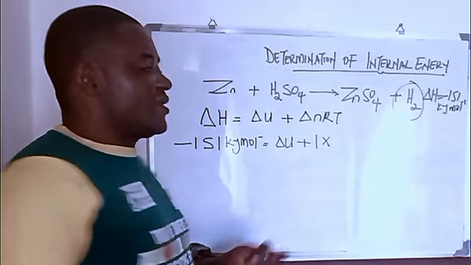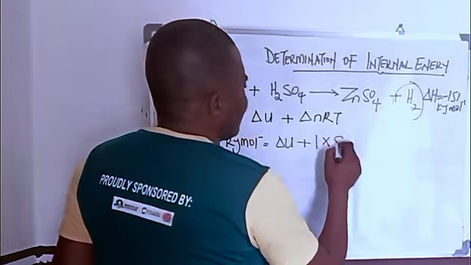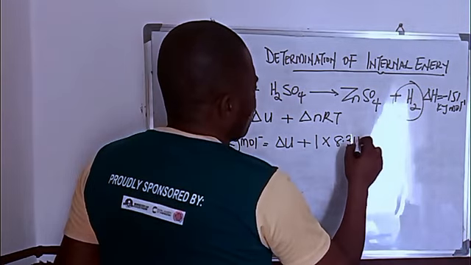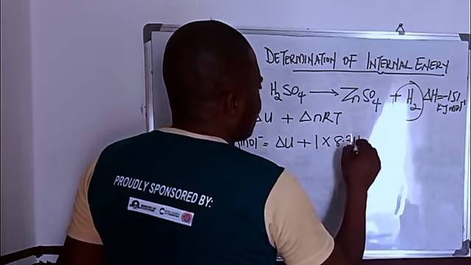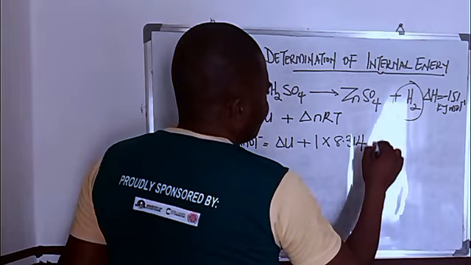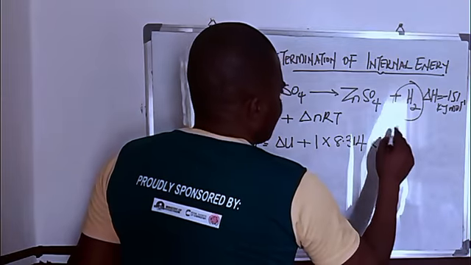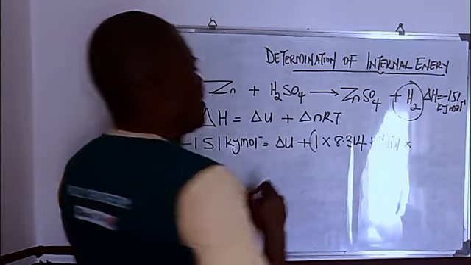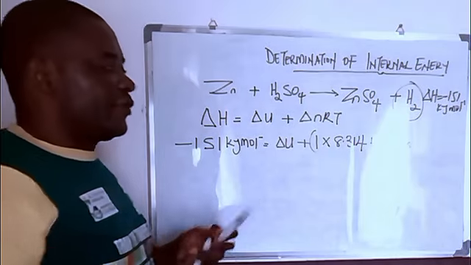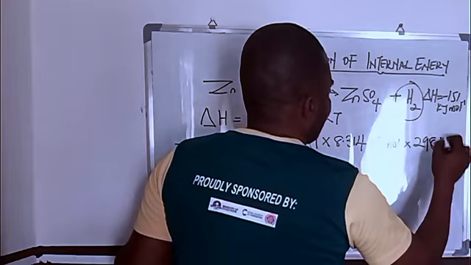So R is the gas constant. The gas constant is 8.314 per Kelvin per mole. And then we multiply this by the standard temperature, and standard temperature is 298 Kelvin.